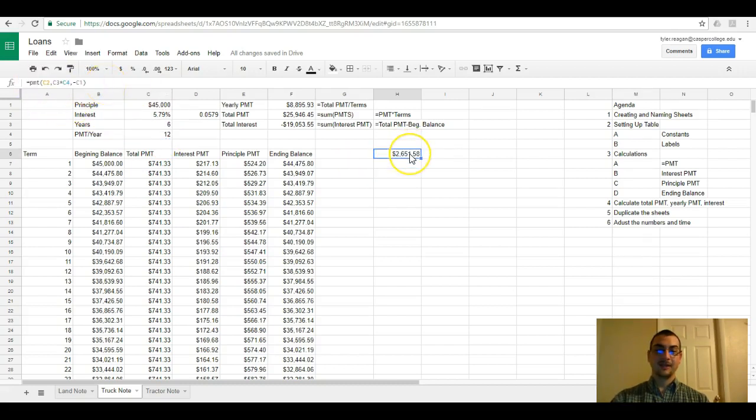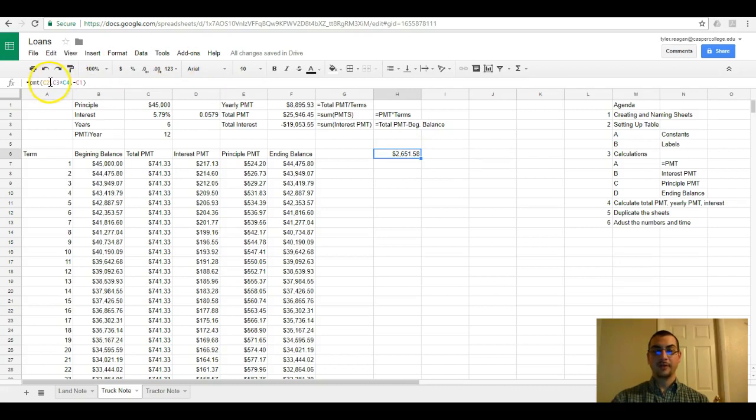And it's saying that every single month for 72 months, we're going to be making a payment of $2,651. That doesn't make much sense, that for 72 months you make a payment of over $2,000 on a $45,000 truck. If you start coming up with outrageous numbers like that, go back and check your formula.